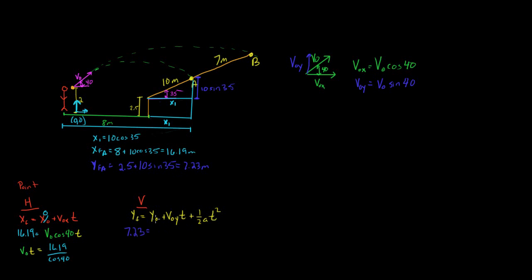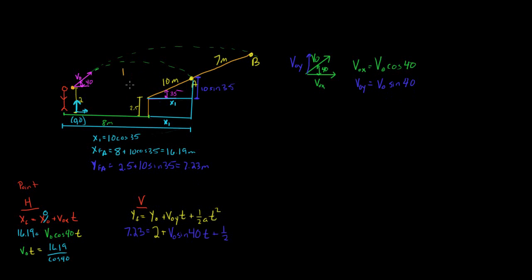So we have 7.23 is equal to an initial y position. Our initial y position is the 2 meters that it starts with, plus this initial y velocity. We said our initial y velocity was v naught sine of 40, so we can substitute in that expression: v naught sine of 40 times t, plus 1/2 acceleration.